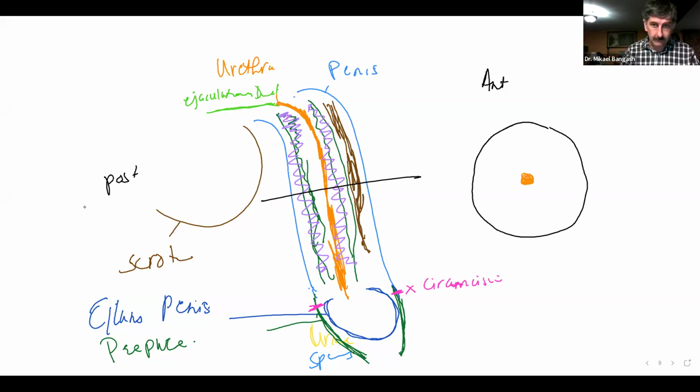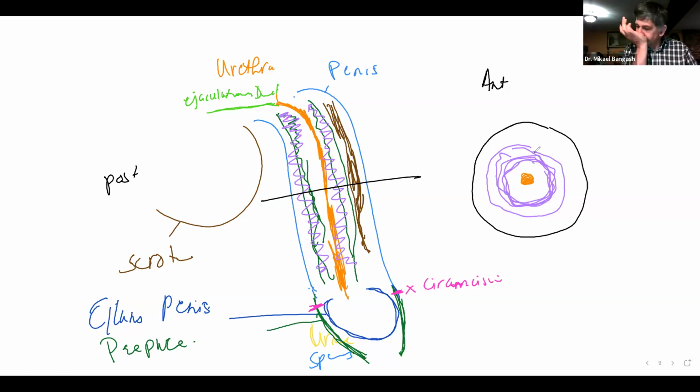Around the urethra is going to be this muscular structure. And anterior to that are going to be the other structures.